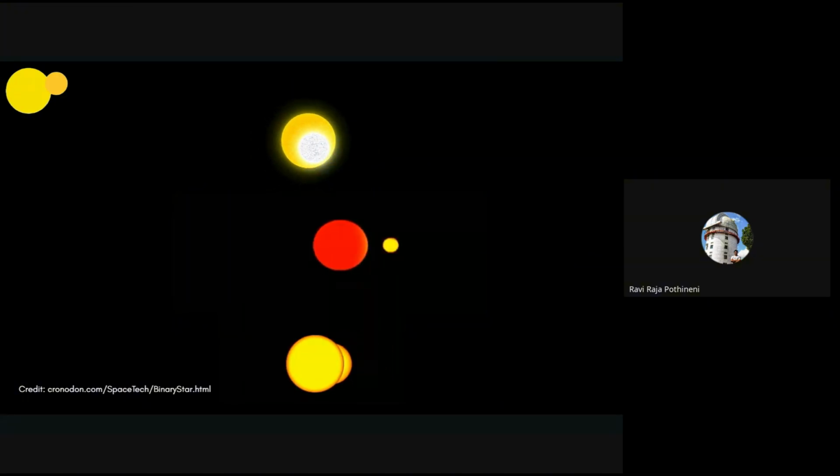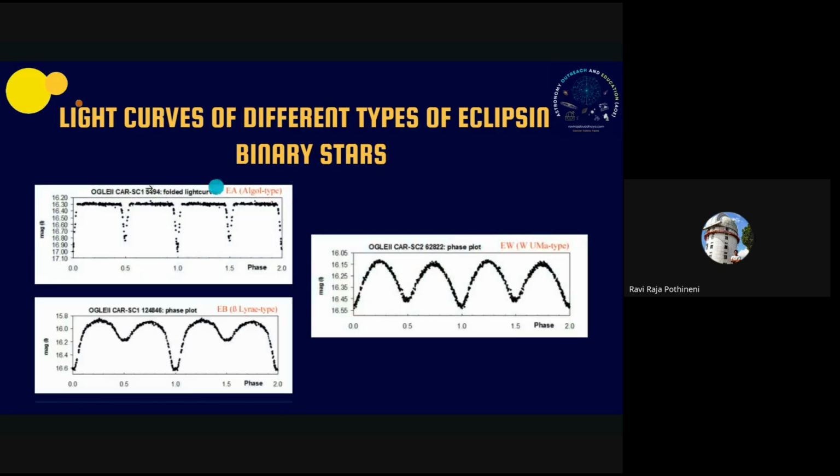Let's see some examples. The first one is a typical example of a detached binary system, where you can see a beautiful variation in the light. Here you can see very sharp minima. This sharp minima indicates that the components are well separated. That is how astronomers classify them as detached binaries.